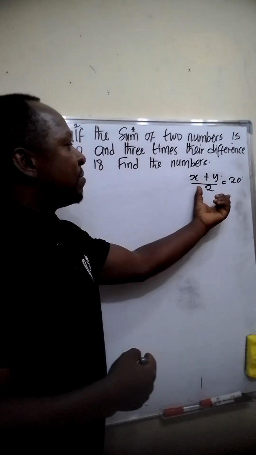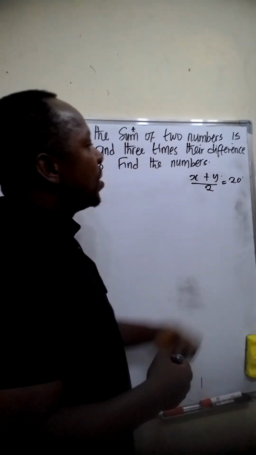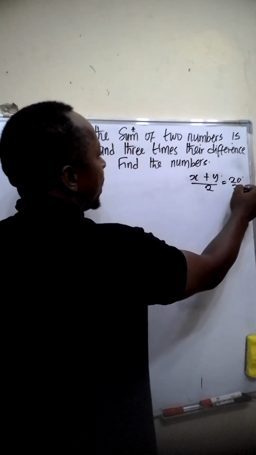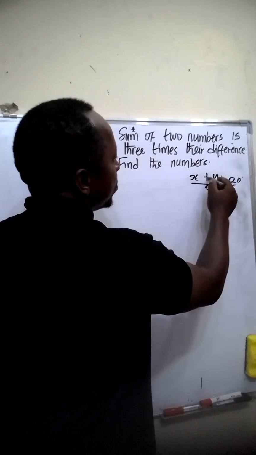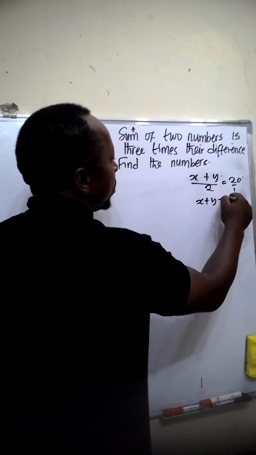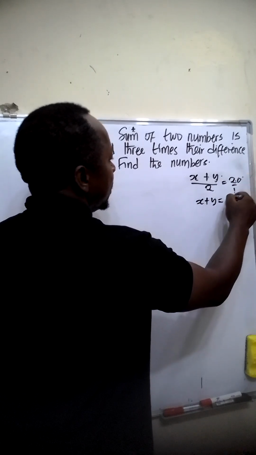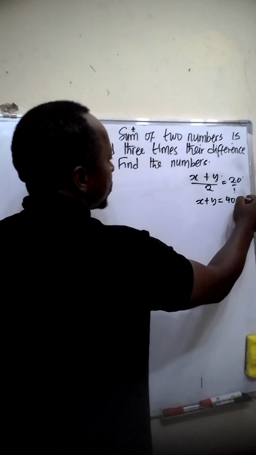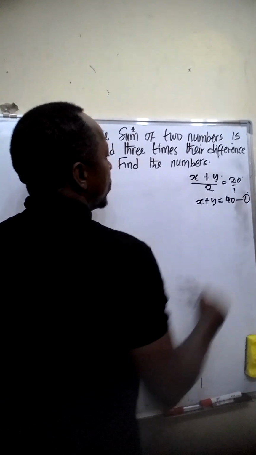We can simplify this equation by cross multiplying. This becomes x plus y times 1, which is x plus y, equal to 2 times 20, which is 40. Let's call this equation 1.